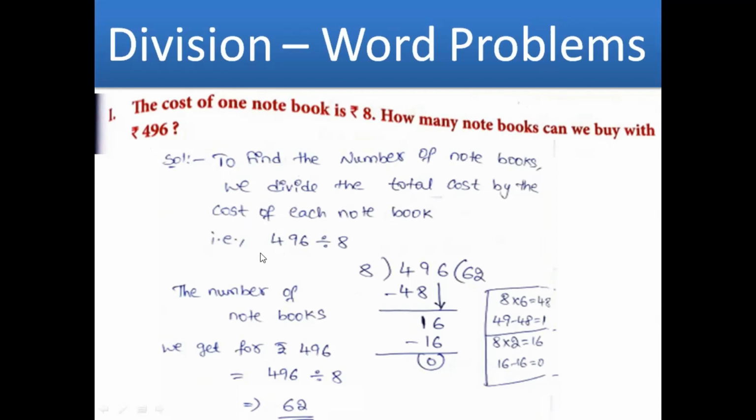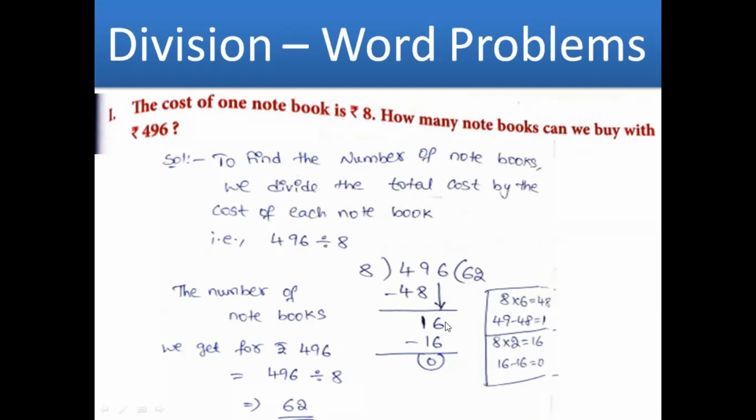So 496 divided by 8. 8 is in the divisor place. 496 is in the dividend place. 8 sixes are 48. 49 minus 48, difference is 1.